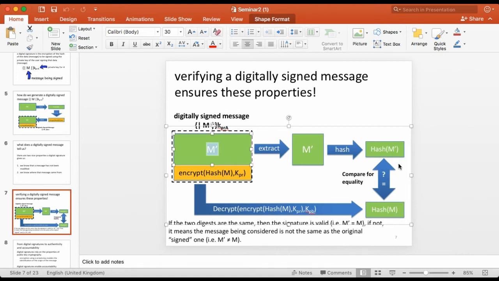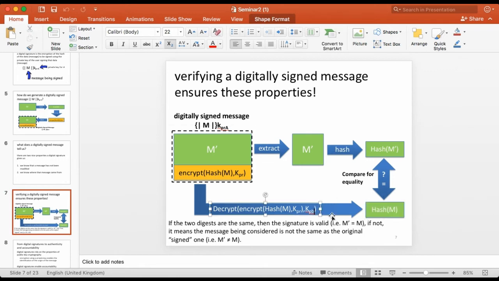So in other words, if M was modified during transition and you did receive something different, M prime, then that would result in the hash of M prime being not equal to the hash of M. Okay, so in this case we've established a check on whether we can basically tell if M is modified in transition or if it stays faithful to the original message M that was originally signed at the source.